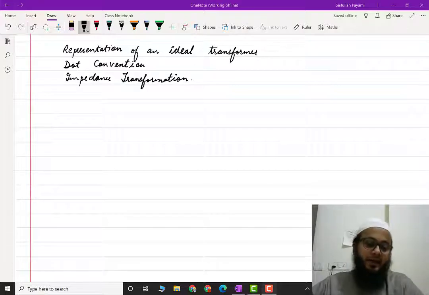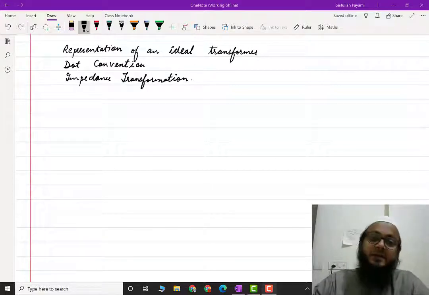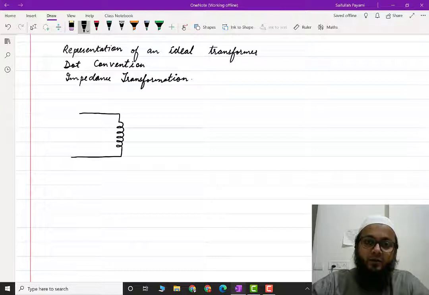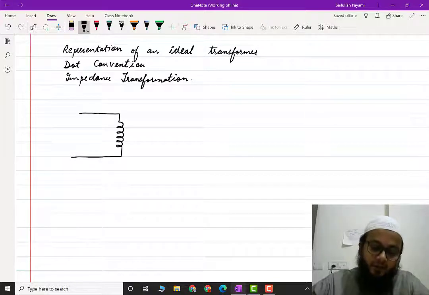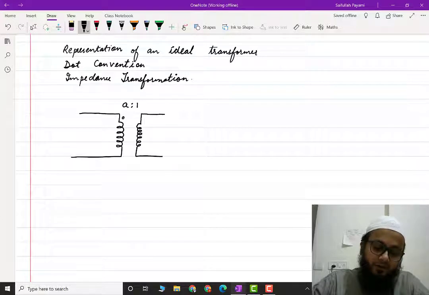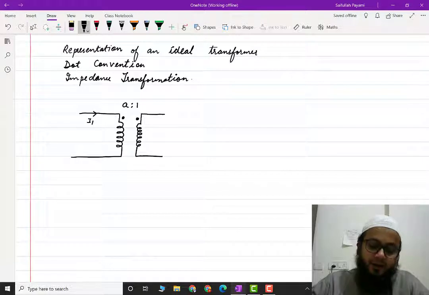So the ideal transformer is represented by a winding for the primary side and a winding for the secondary side. Let's say the transformation ratio is a to 1, and we mark the dot here. This is the primary current and this is the secondary current.